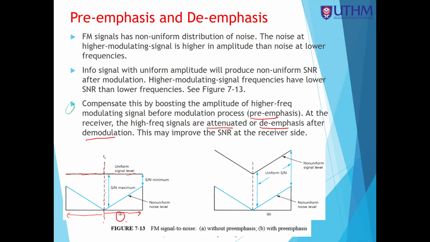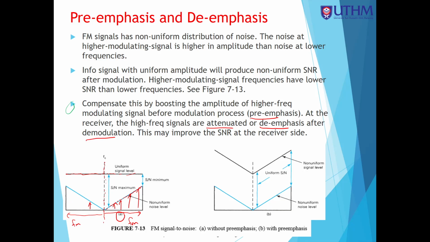If we use a higher value of FM modulating signal frequency, the blue color here is the noise level. The noise level will increase as we use the higher value of modulating signal frequency. You see that the noise level is higher.